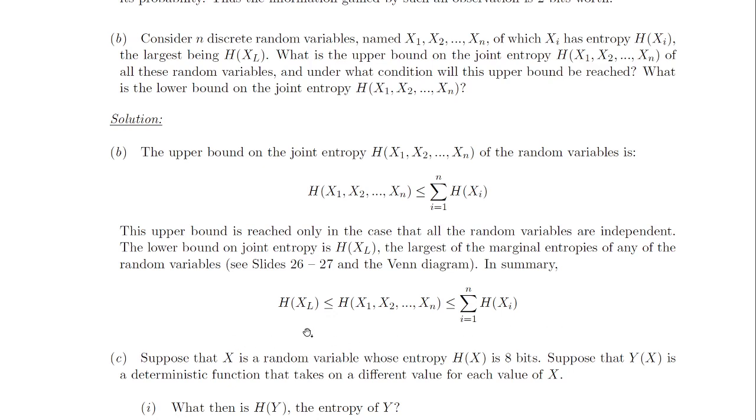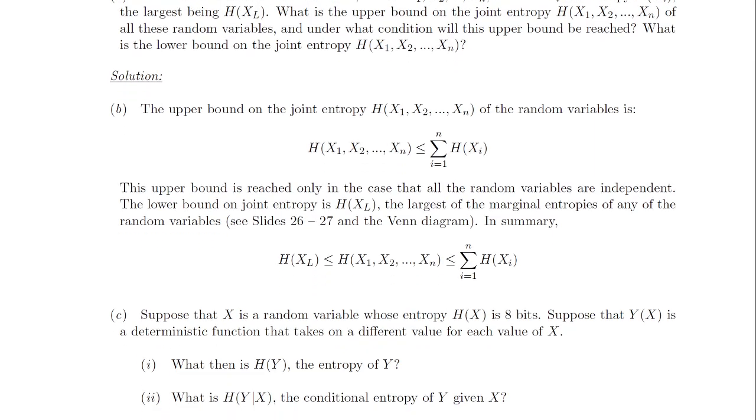So we have now two inequalities that we can combine together into one expression. The joint entropy has a lower bound, which is the entropy of the random variable that had the largest entropy, and the upper bound is the sum of all the entropies of those random variables. And that's all just a reflection of the independence bound on entropy and the way that independence is handled for joint entropies being the union of all of those elements.